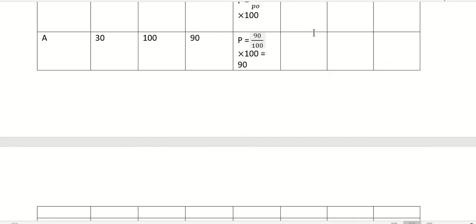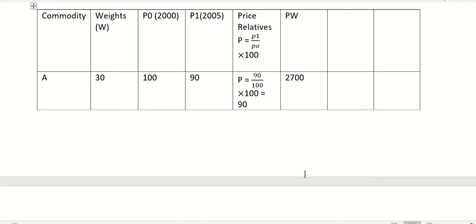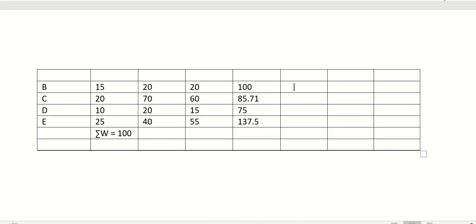Now in the next column we have to multiply these price relatives with the weights. This P into this W, weights, right? So this 90 into 30 is 2700. See, this 90 and this 30, right? So this becomes 2700.